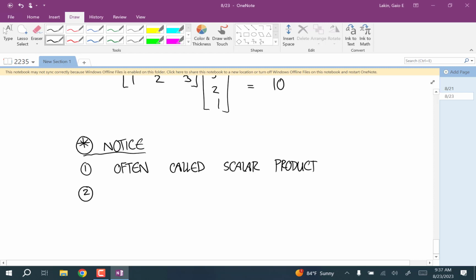Second, two vectors that are oriented within 90 degrees of each other have a positive dot product.